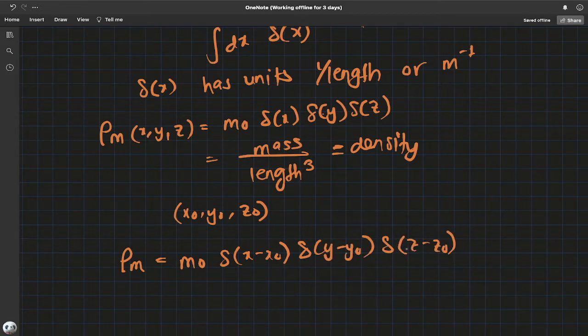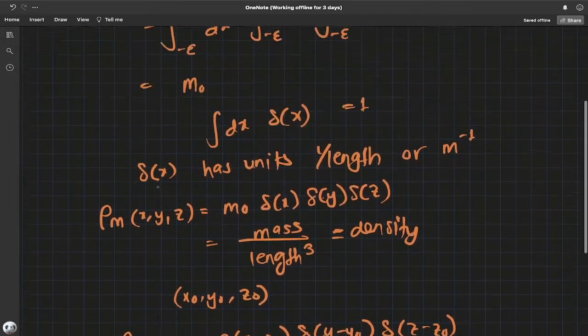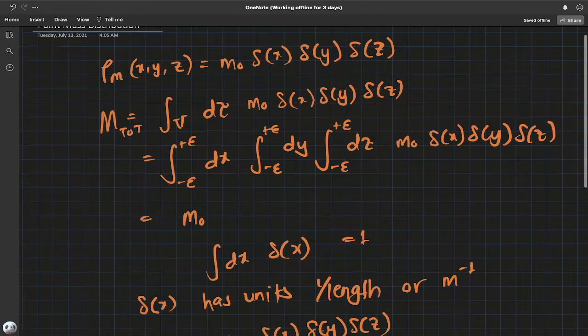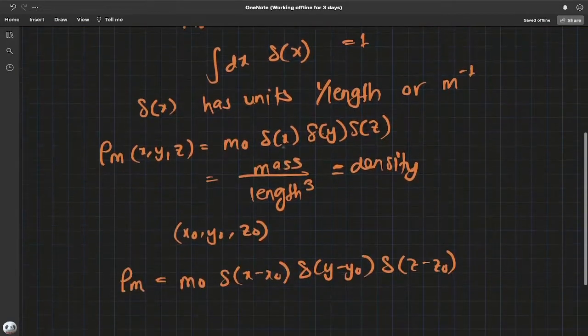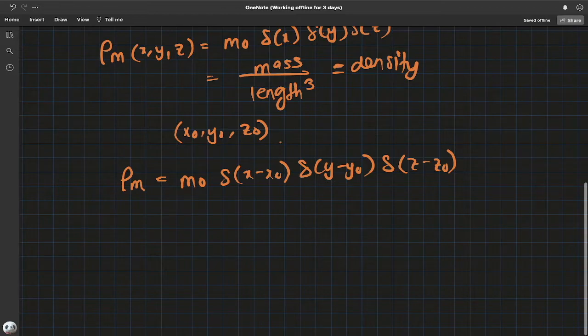So just shift those deltas by this point. Okay, this was basically sort of a recap, and this is pretty much what you need to know for point mass distributions in the Cartesian coordinate system. Let's talk about some other systems now.